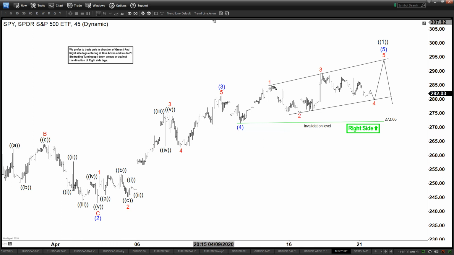So what we can see here is that the rally, we are calling this a 5 waves, in which you don't see all the labels, but you can see this is your wave 2, this is your wave 3, subdividing into another 5 waves of the lesser degree in the red degree, and this is the wave 4.